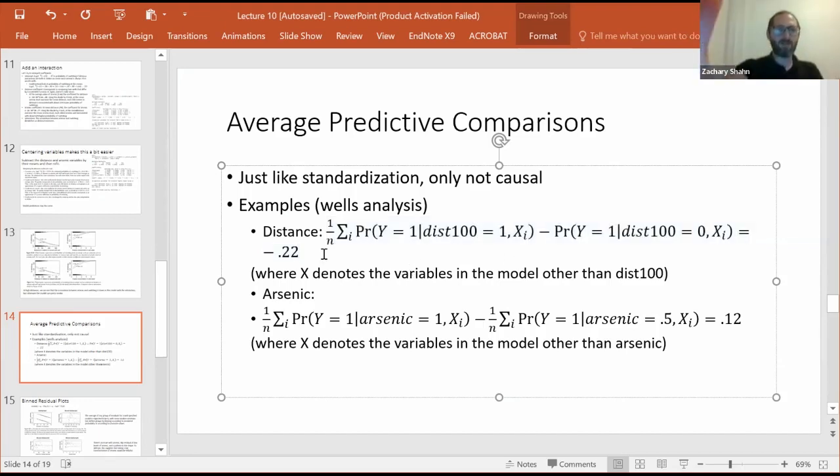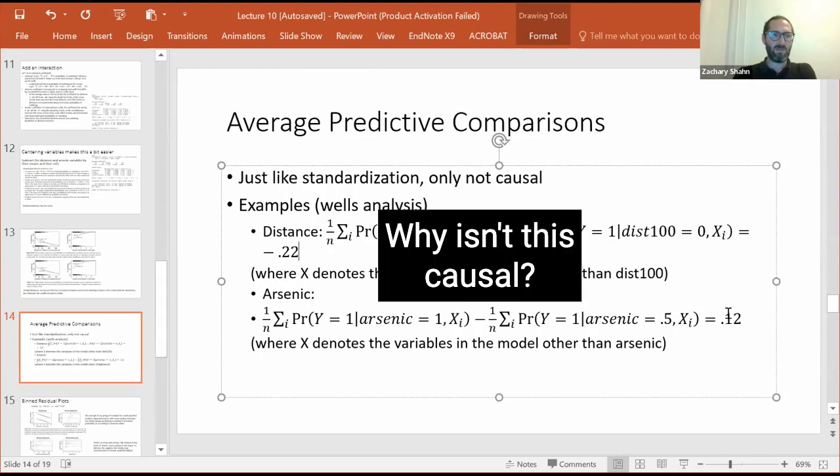Increasing distance by 100 meters on average decreases probability by 22% in the cohort, and increasing arsenic from 0.5 to 1, on average across the levels of the other covariates in the cohort, would increase probability of switching by 12%.